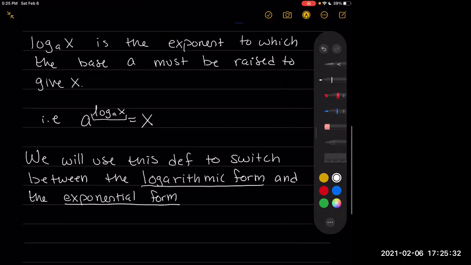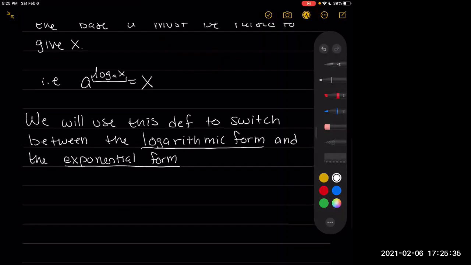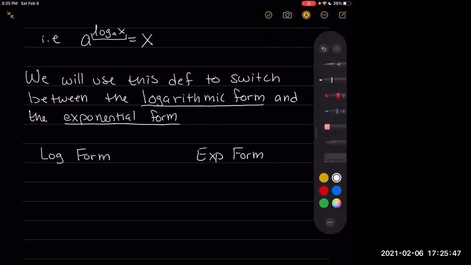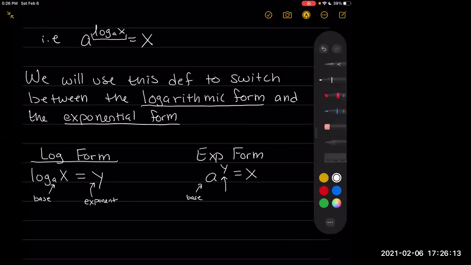I will probably abbreviate them several times as just log form and exp form, for ease. So in log form, we would have log sub a of x equaling y. This is our base, and this is our exponent. For exponential form we have a to the y equaling x. Again, this is our base, and this is our exponent.